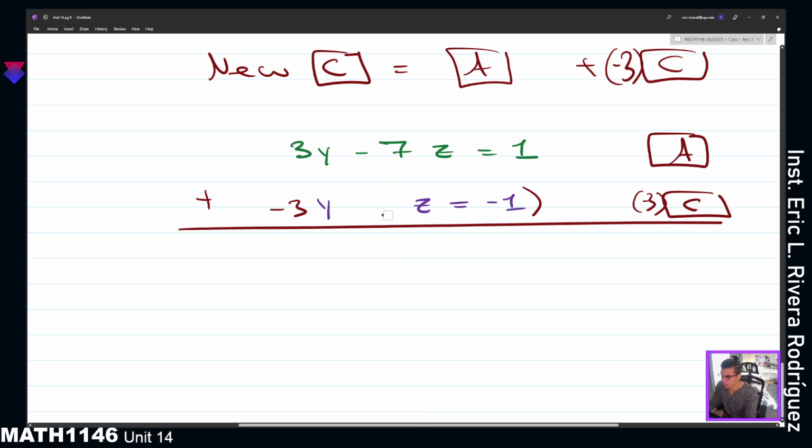So now I'm getting +6 here, and then +3 here. So we cancel the y term. Then we got -1z equals 4. Okay.